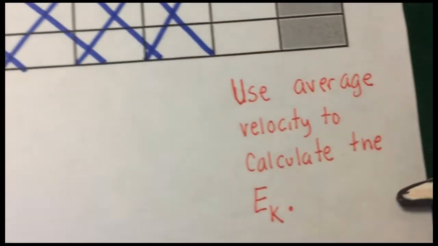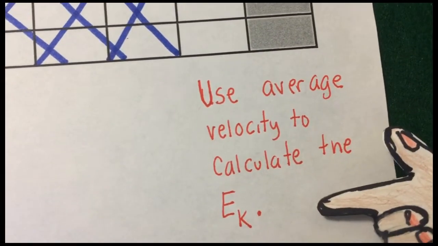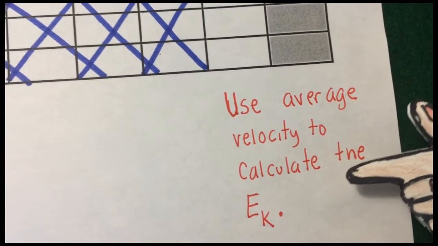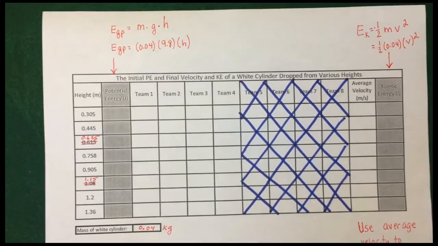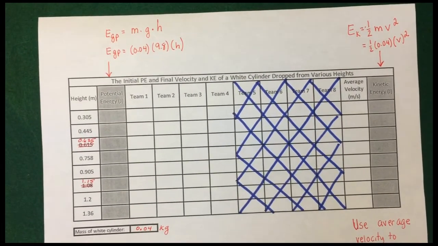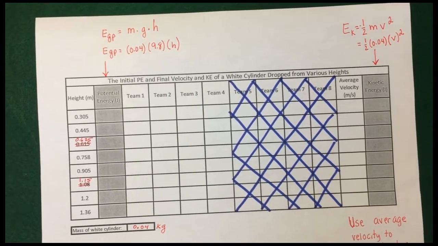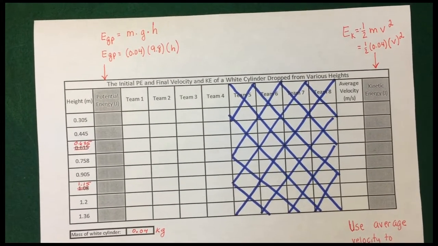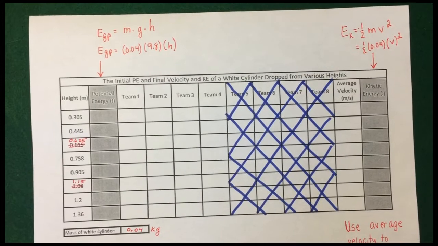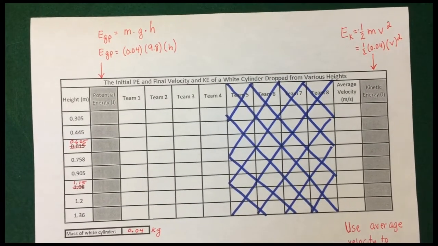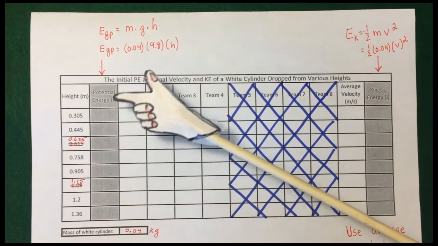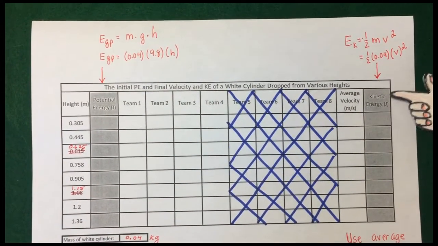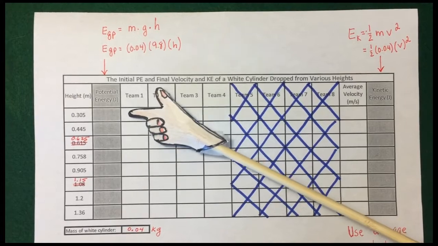Make sure to use the average velocity when you calculate your kinetic energies. And then finally, we'll be graphing. What we want to look for is a relationship between the gravitational potential energy, which is on the left-hand side in the gray column, and the kinetic energy, which is on the right-hand side in the gray column. Those are the two columns that we'll use to make our graph.